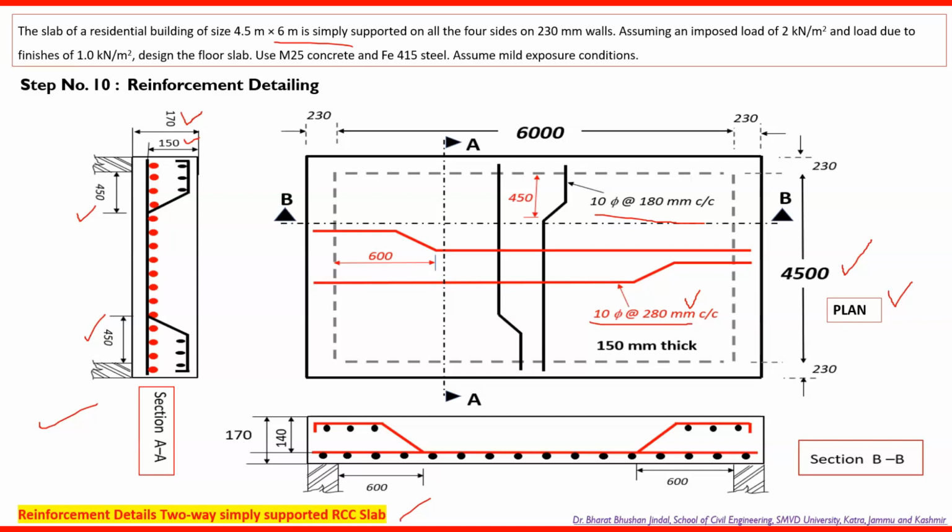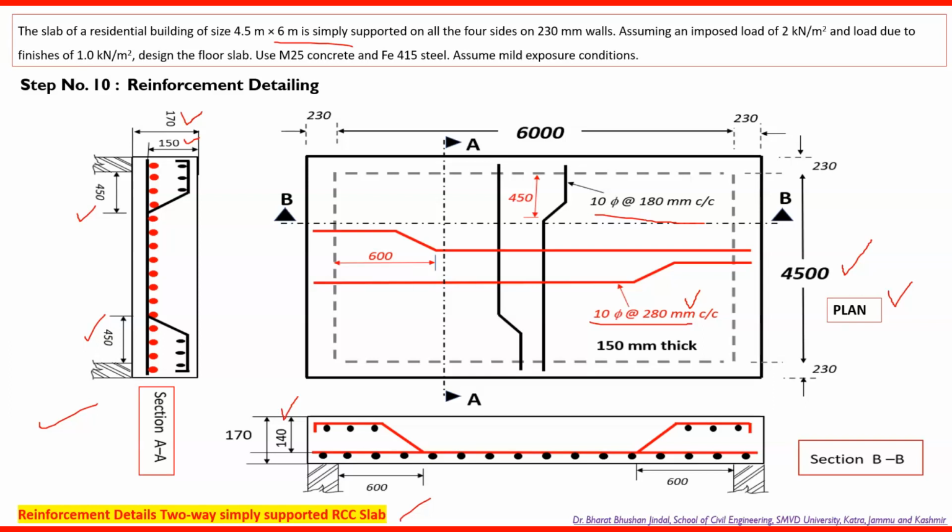They are placed just above the black color bars. Here we have differentiated the bars by color so that you can understand it more effectively. Now you can see the red color bars are bent up at a distance of 600 millimeter from the face of the support, as well as the effective depth along the y direction which we have discussed.